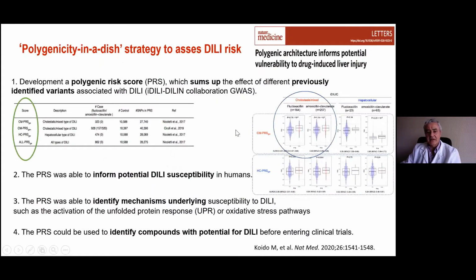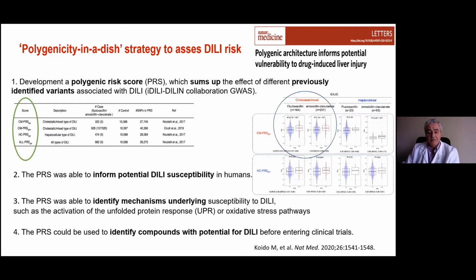And very recently, an international collaboration has proposed a polygenicity in a dish strategy to assess the risk. This paper proposed the development of a polygenic risk score by aggregating the effects of several genome-wide loci associated with DILI risk previously identified by an international drug-induced liver injury consortia, the Drug-Induced Liver Injury Network collaboration.